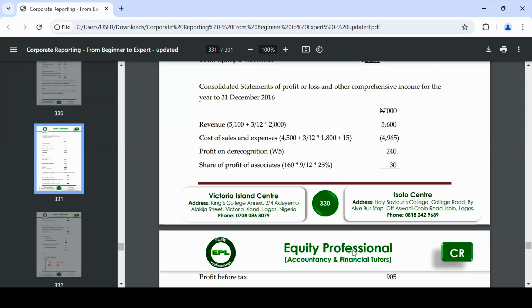Also, we only began to consolidate on 30th September. We were an associate previously. So therefore, the share of profit as an associate for those 9 months from January 1 to 30th September will also come into the books.